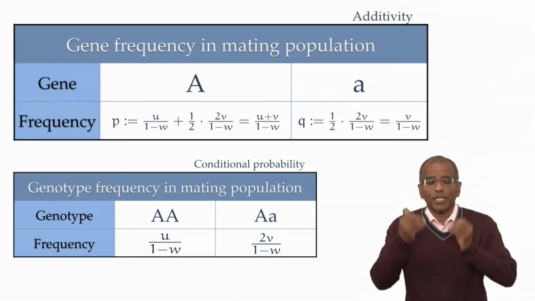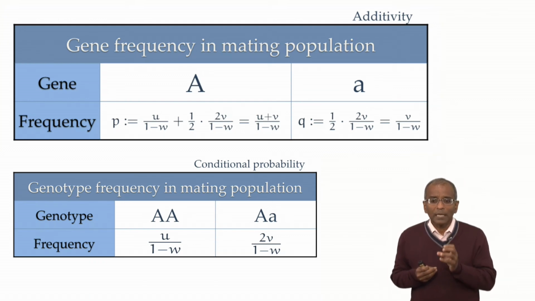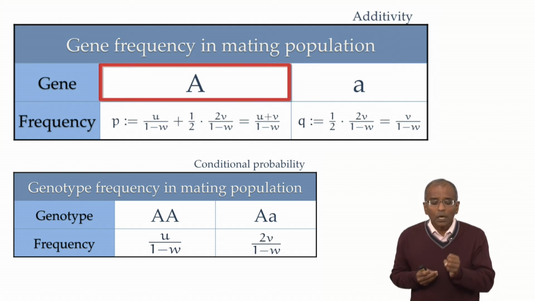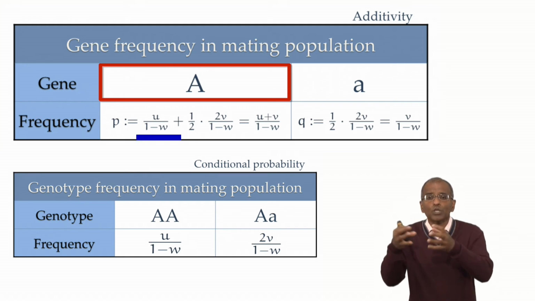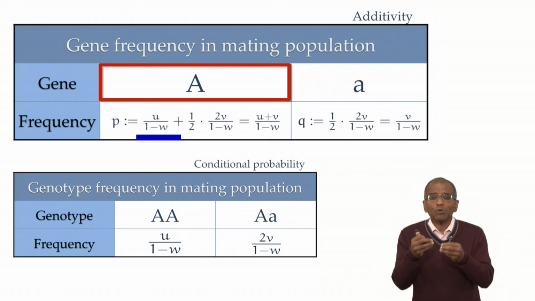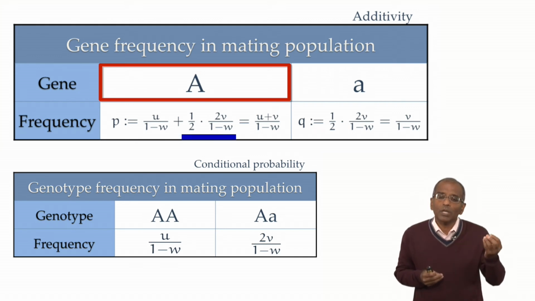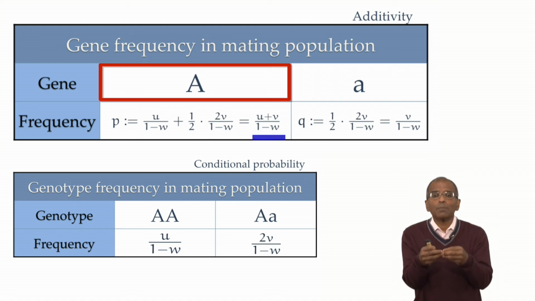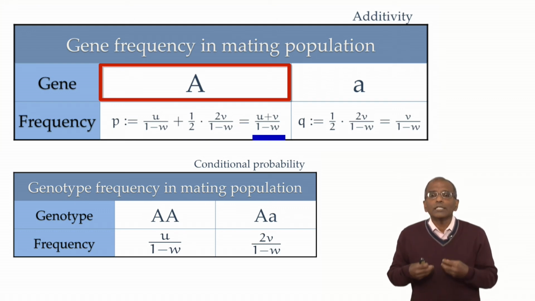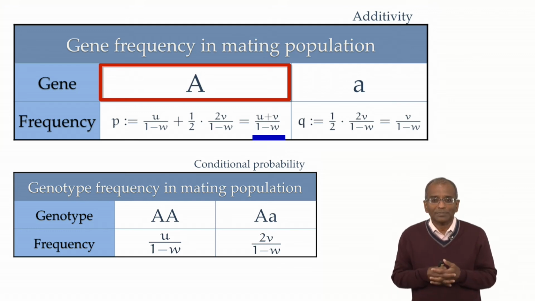So if you pick one gene out of the pair which makes up the genotype, then that gene will be dominant with probability 1 if the individual was normal and homozygous. It will be normal with probability 1/2 if the individual were heterozygous. Sum the two together and we get the proportion of the dominant gene in the mating population.